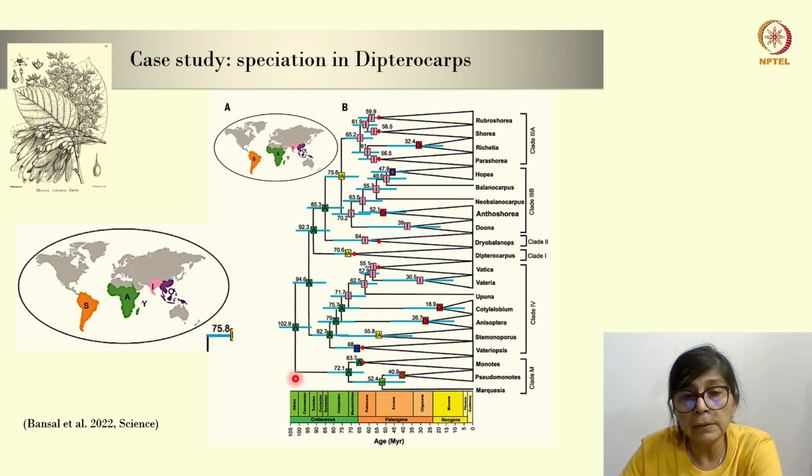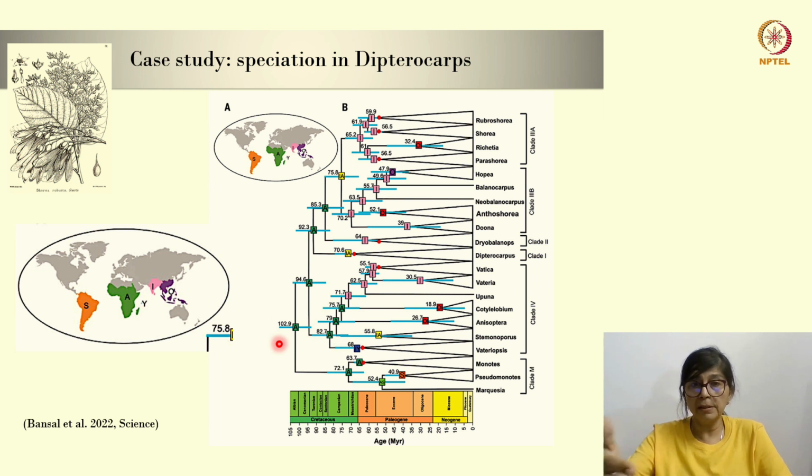In the early Cretaceous, approximately 103 million years ago, this radiation, or migration, started from Afrotropical regions towards other regions of the world.